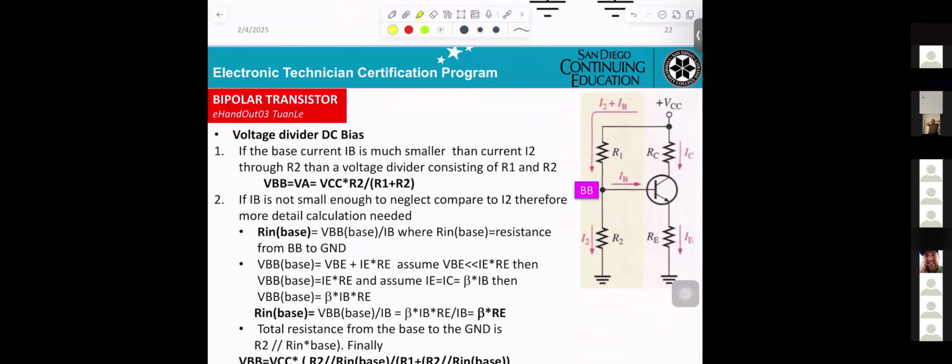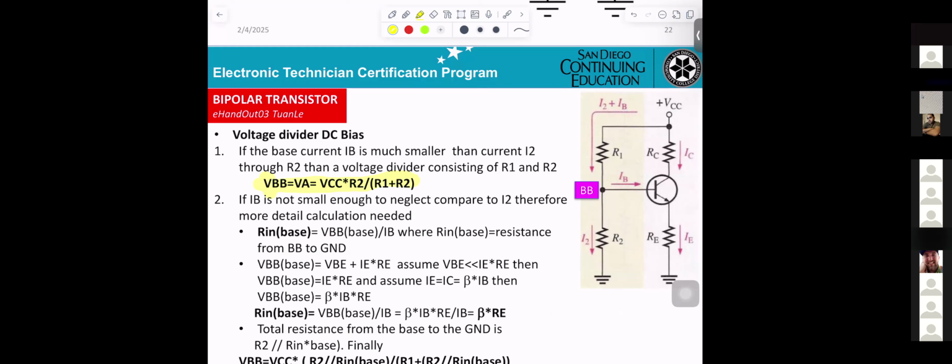Voltage divider DC bias. They already telling you right here, that's what we're talking about, voltage divider.